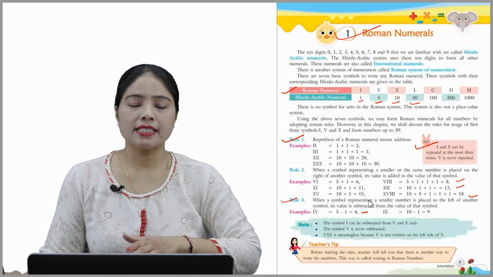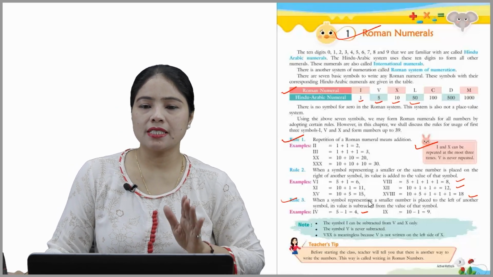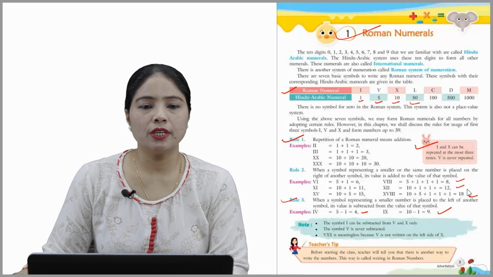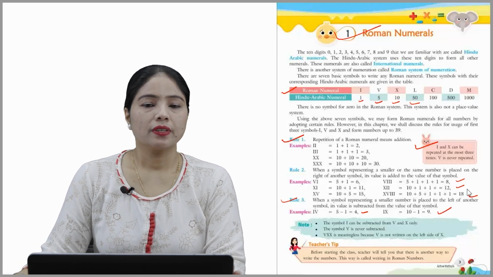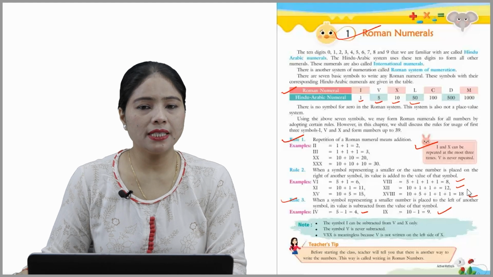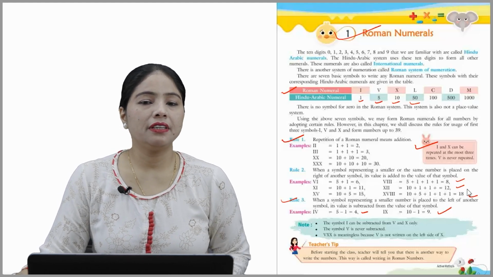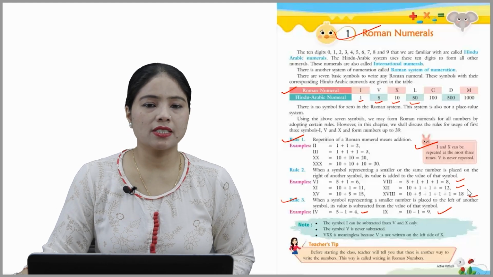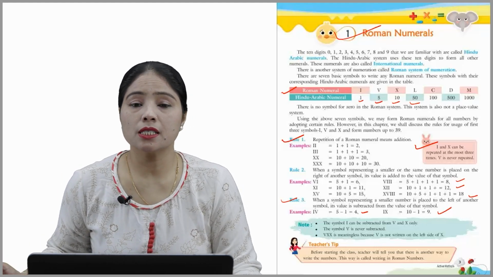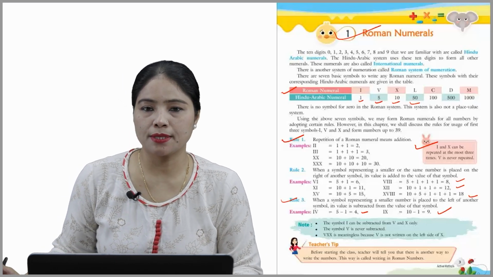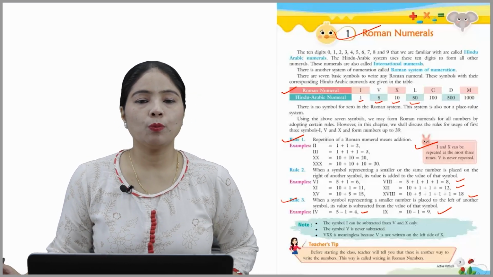Similarly before X there is a smaller number, that means 10 minus 1 is equal to 9, beta. Hope you understood. So now note, the symbol I can be subtracted from V and X only. The symbol V is never subtracted. VX is meaningless because V is not written on the left side of X, beta. Hope you understood all points nicely.